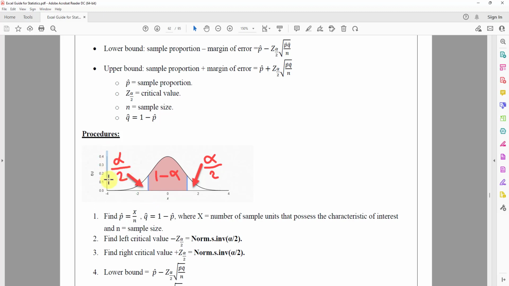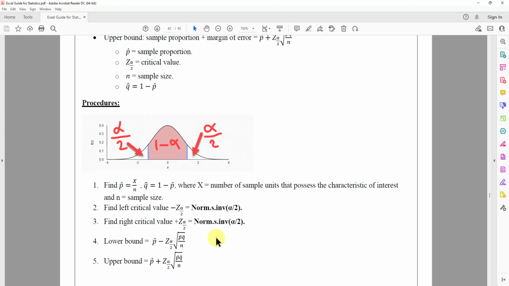So the area on the left side of that critical value, minus z alpha over 2, this left area is alpha over 2. And then to find the right critical value, we just have to put a minus. It is missing a minus here. So put a minus here to the left critical value because they are symmetric. So whatever you get for the left critical value, we just take the opposite value of that to get the right critical value.